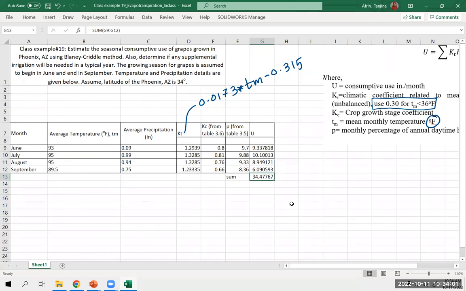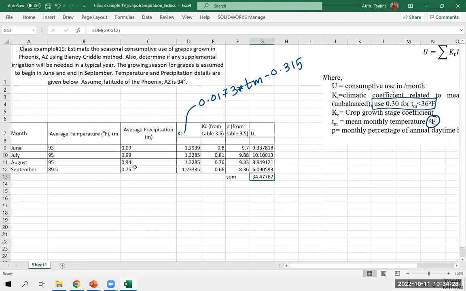First part is done. How can we answer the second part? Like, is there additional water needed for this plant or something like that? Do we have any information about precipitation or something for that area? We have, right? Which column actually contains all the precipitation? C, right?